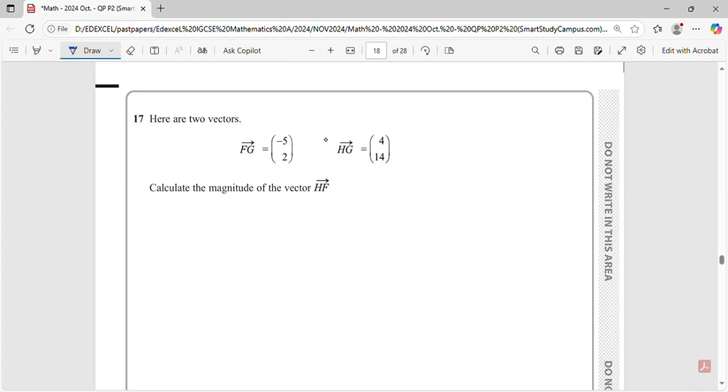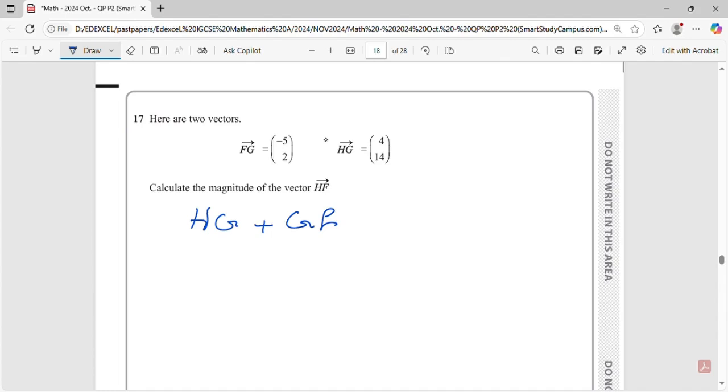Question number 17, he talked about vectors, and he asked me to find HF. Of course, to find HF, I can assume that I have to go from H till F, and to find this, I have to think about which direction exactly I need. So it has to be HG plus GF, of course.